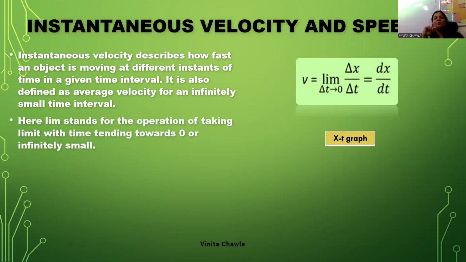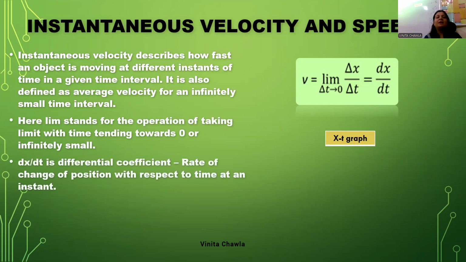A limit stands for the operation. It signifies that delta t is approaching 0. It is infinitesimally small. And dx by dt is the differential coefficient, rate of change of position with respect to time at any instant. Dx means change in position, dt is time interval.